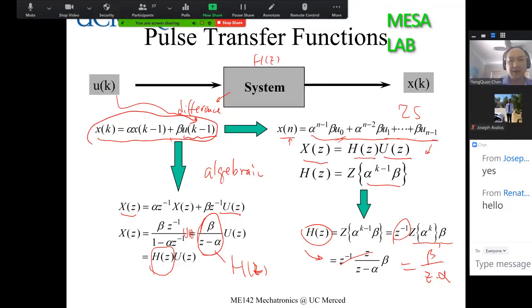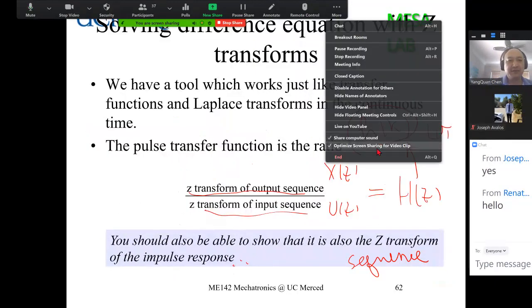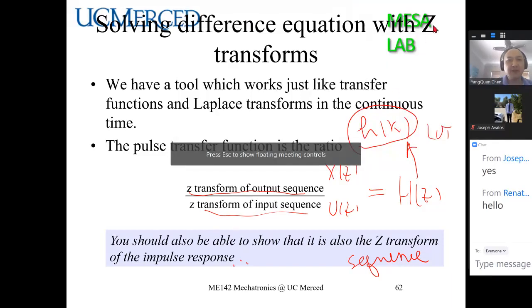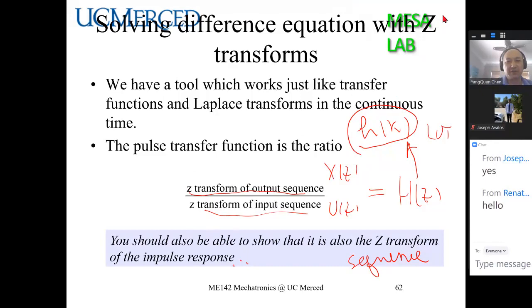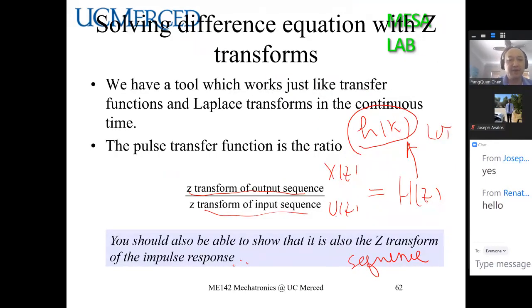Okay, so let me hide this one. Solving difference equations using the Z transform, we have a universal tool here. You have the output Z transform divided by the input Z transform, and you get a transfer function.